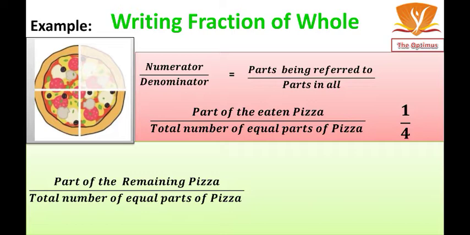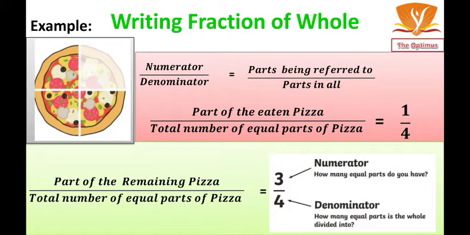The parts of the remaining pizza divided by the total number of equal parts of the pizza equal to, yes, 3 by 4. 3 is how many equal parts you have, isn't it? That is the numerator. 4 is the denominator. That means how many equal parts the whole is divided into. Therefore, our answer 3 by 4 is correct. That is the remaining part of the pizza in fraction format.